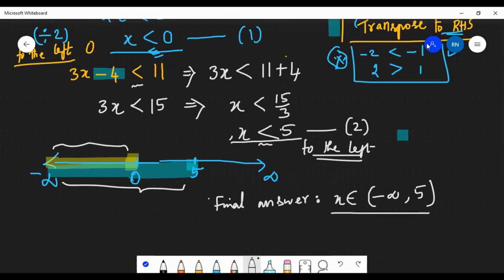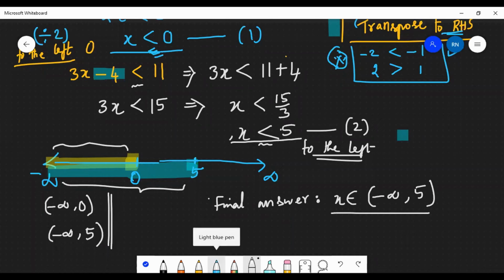How are we able to know that's the final answer? There are two parts. One is minus infinity to 0. Another one is minus infinity to 5. So it is easy from both intervals to judge which one is all-inclusive, which includes the previous also.